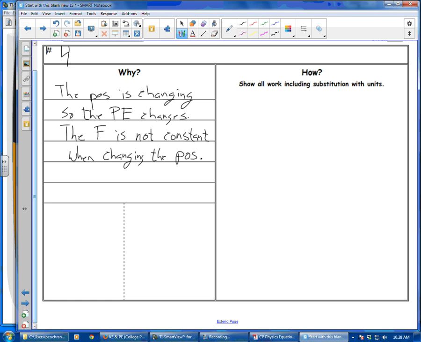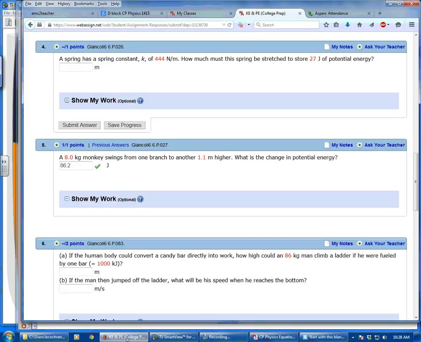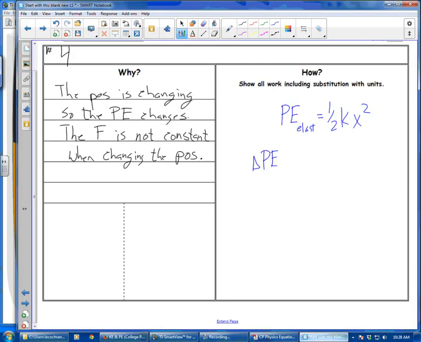So, that's why you end up with the potential energy elastic or spring, you can write it either way, is 1/2 kx squared. They're asking for the change in that potential energy, right? Let's see. They're asking how far it must be stretched to change that, and that's 1/2 k and then delta x quantity squared.